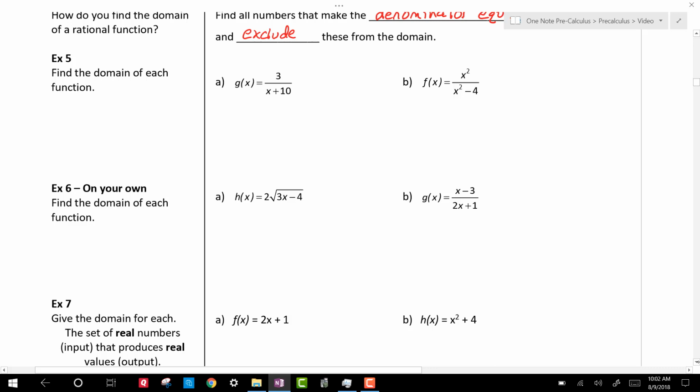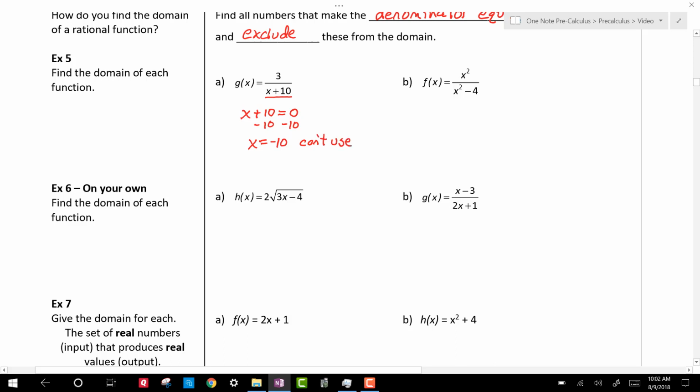The numerator can be 0. It's no big deal. Well, this numerator will never be 0 because it's always 3. But I know that this denominator here, x plus 10, if I set this equal to 0 and I subtract 10 on both sides, I get x equals negative 10. That's the number I'm not allowed to use.